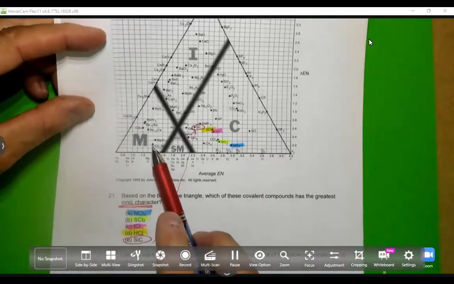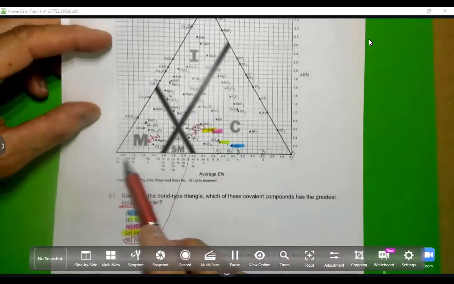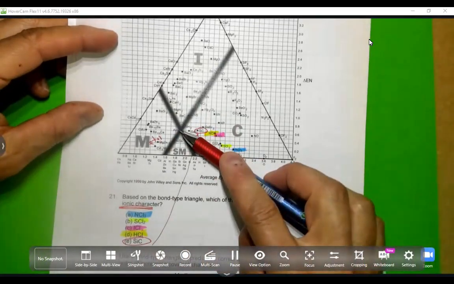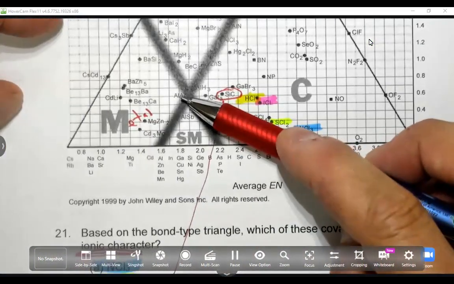Here's my metal. And the highest I can get would be in this corner right here, right? The highest average would be in this corner.